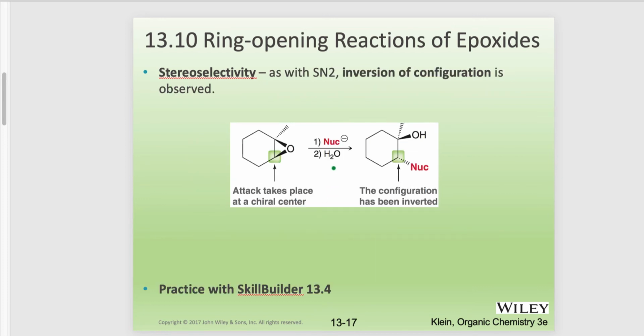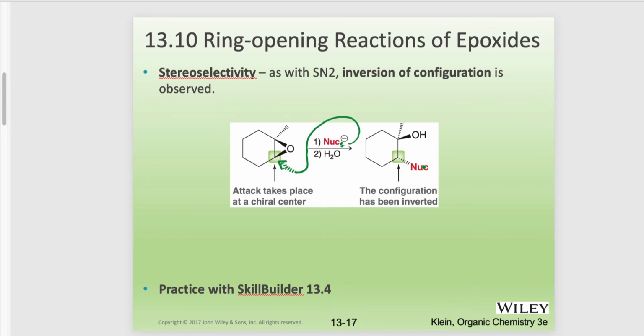Now, stereoselectivity has to do with SN2 requiring inversion of the configuration, meaning the stereochemistry. An up becomes down, or an up is approached from a down face, and a down is approached from a top face. So when we have our nucleophile attacking, again, let's fill in those important electrons. That's what makes this nucleophilic. This will now prefer to attack from the opposite side of the epoxide.